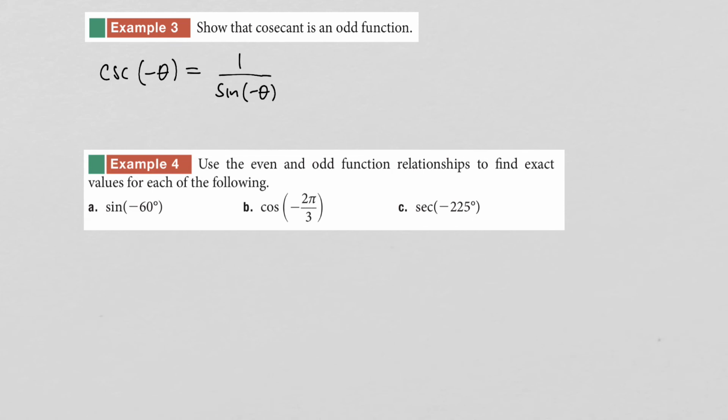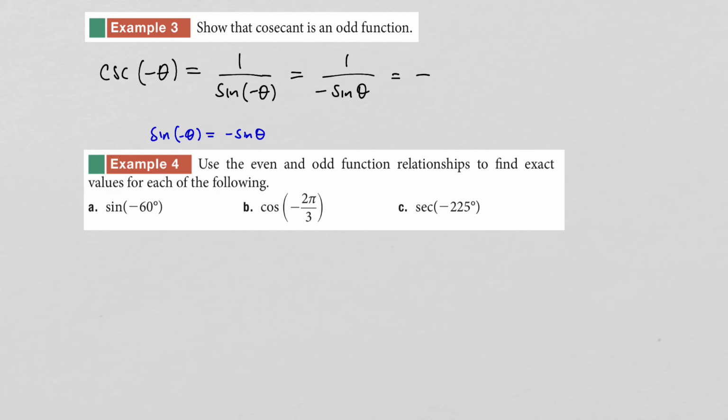And then we have to ask ourselves, well, what do we know about sine of negative theta? Well, what we know is that sine of negative theta is negative sine of theta, because sine is an odd function. That's what we just showed on the previous page. So 1 over sine of negative theta is the same as 1 over negative sine of theta.